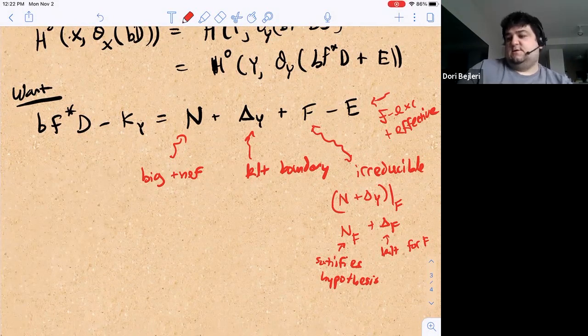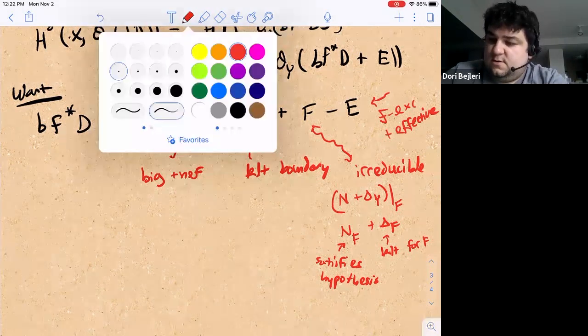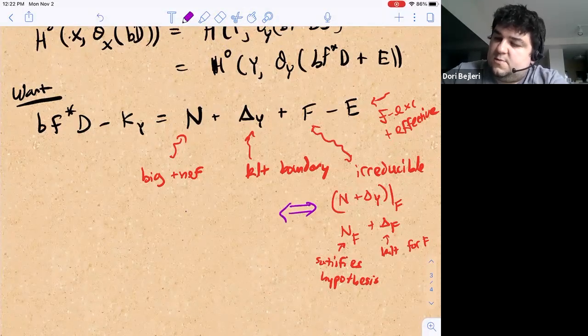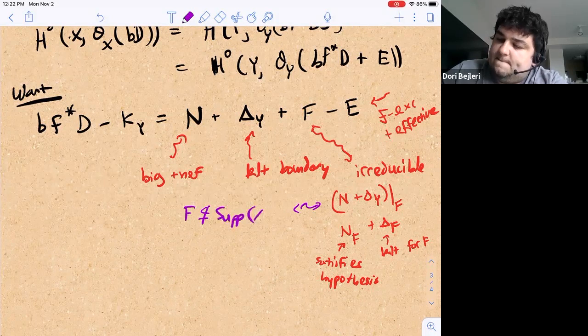Okay, so that's what we're looking for. Or maybe it's not if and only if, but in particular, we're necessitating that F is not contained in the support of Delta_Y.